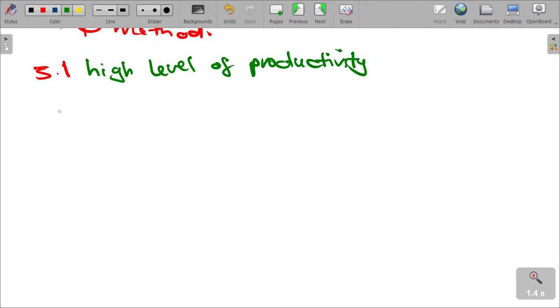Right? And also, it might be measured by reduced staff turnover.